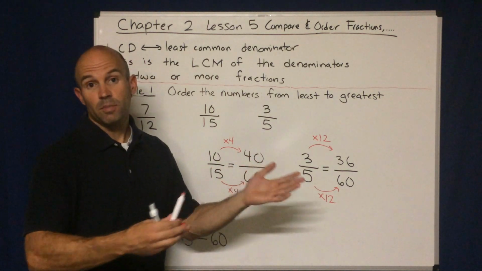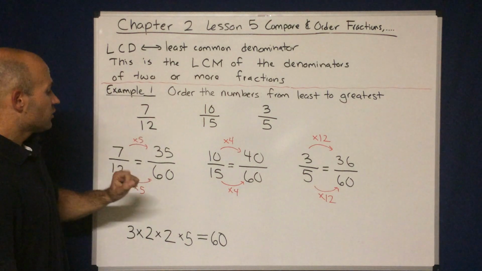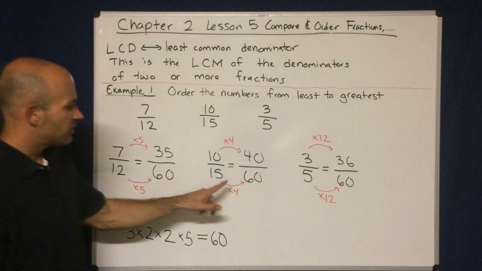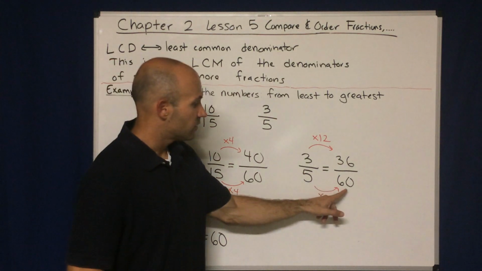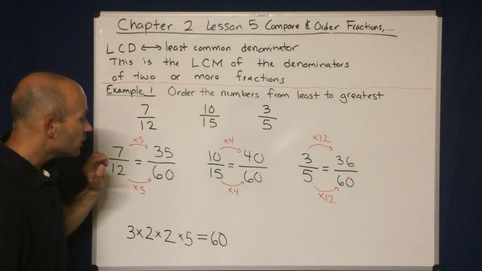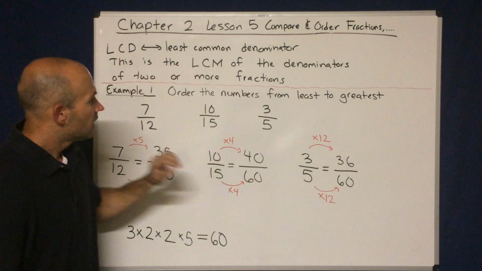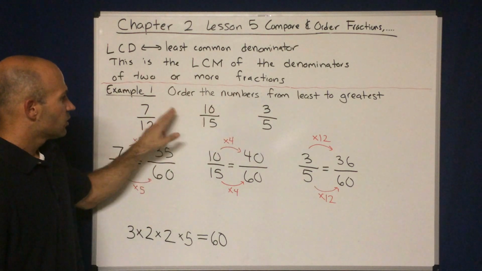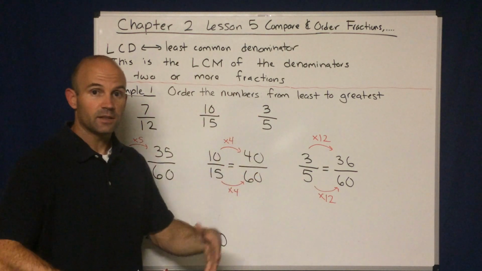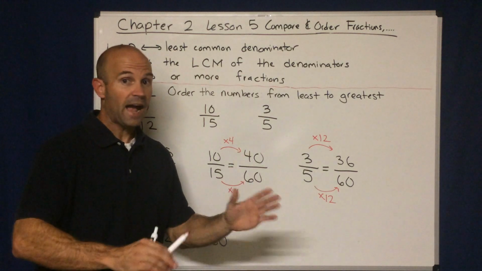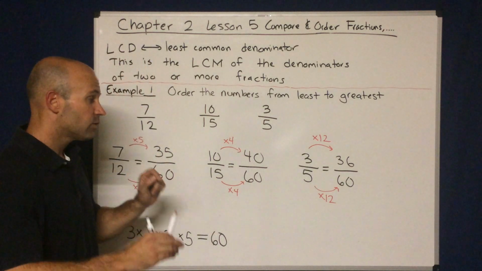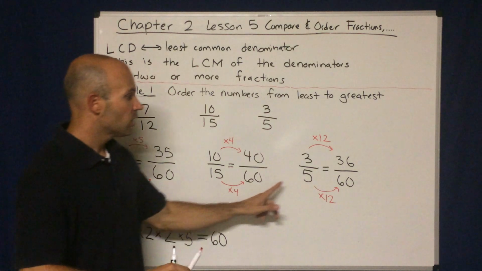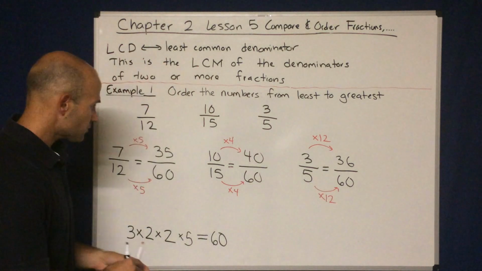The rest is just going to be comparing numbers. So because I now have this common denominator for all three fractions of 60, I can look at their numerators to order them. See up here, it's not enough to look at your numerators when your denominators are different, because you might be led into thinking one number is bigger than another when it actually isn't. You really have to have the same denominator when you're comparing fractions.